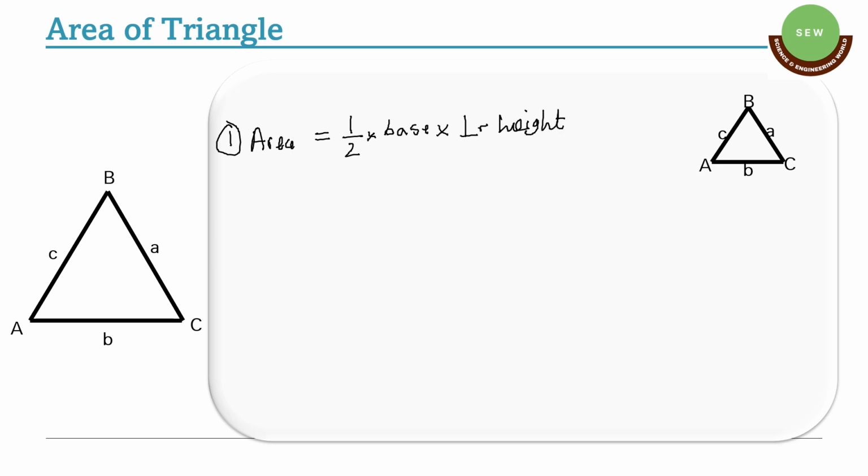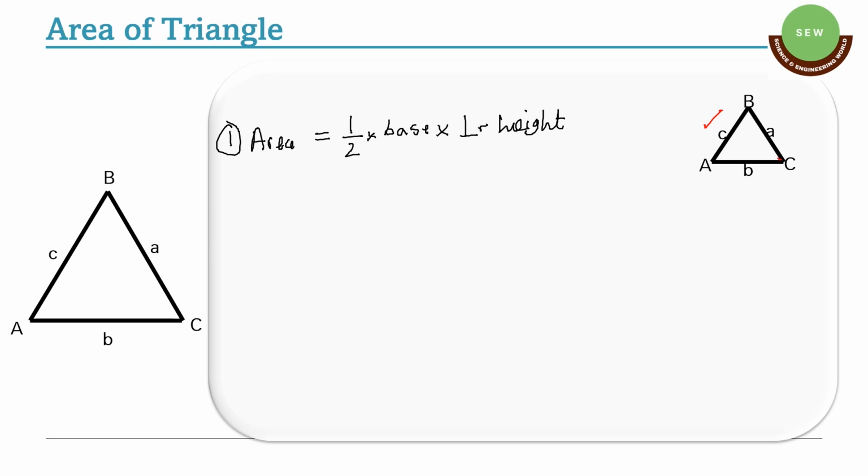Good. Any side can be the base. Either A or B or C can be the base. But the perpendicular distance is what is important here. So for example, if C is the base, then we need to find a perpendicular distance to this base that is coming from the apex.